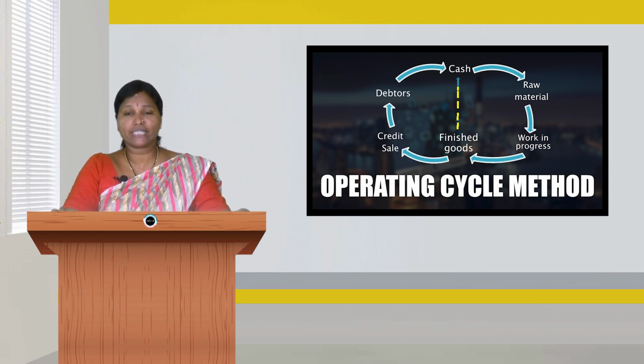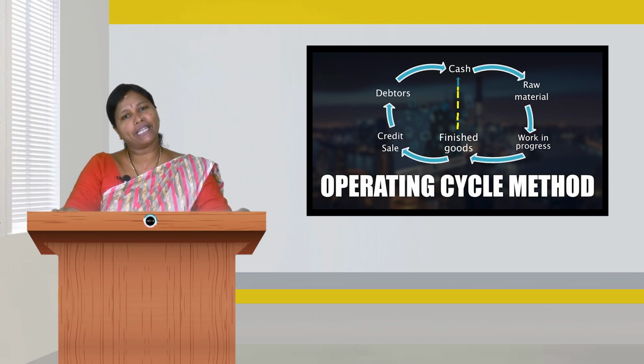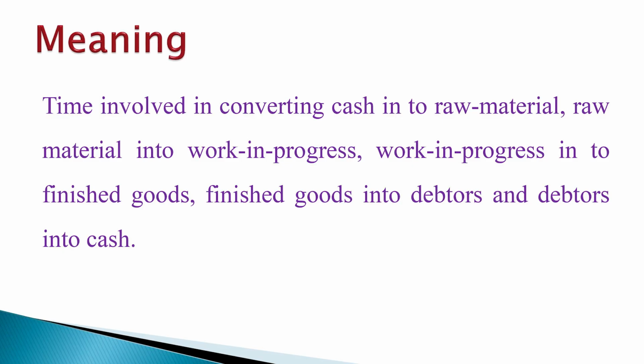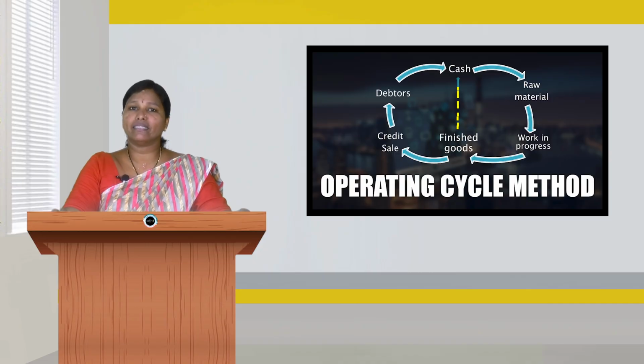Before computation or estimation, we should know the meaning of operating cycle. Operating cycle is the time involved in converting cash into raw material, into work in progress, into finished goods, into debtors, and debtors into cash. See the diagram.